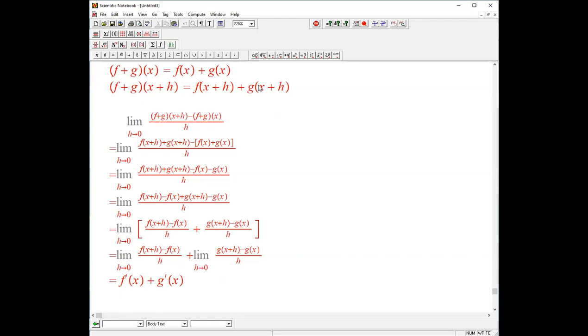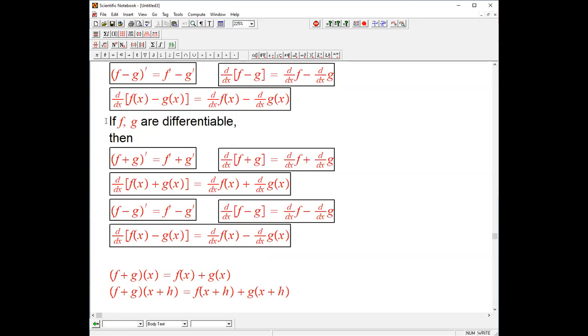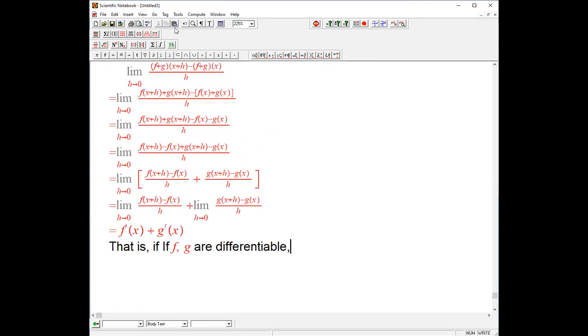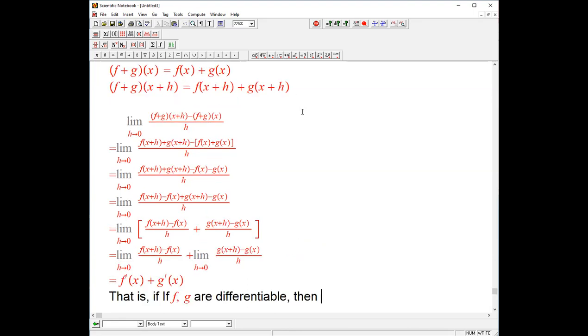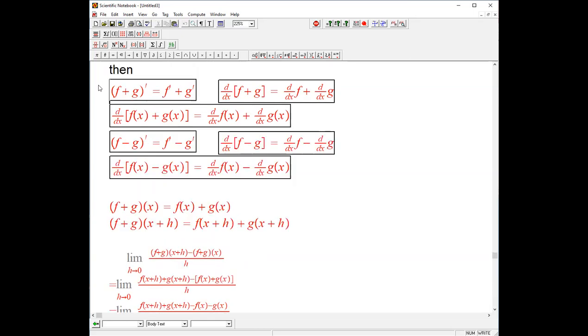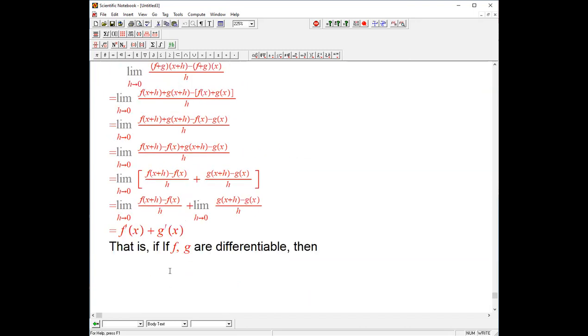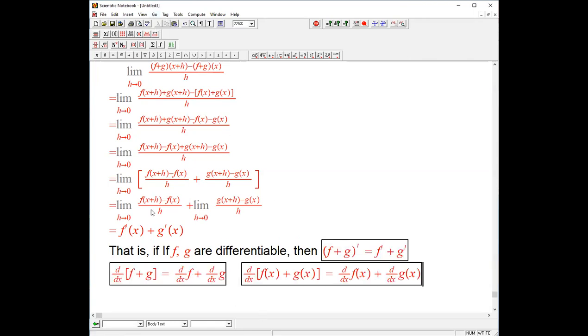So now in summary, if f and g are differentiable, then we have just proved the derivative of a sum is the sum of the derivatives. We first have the sum and then we take the derivative of the sum.